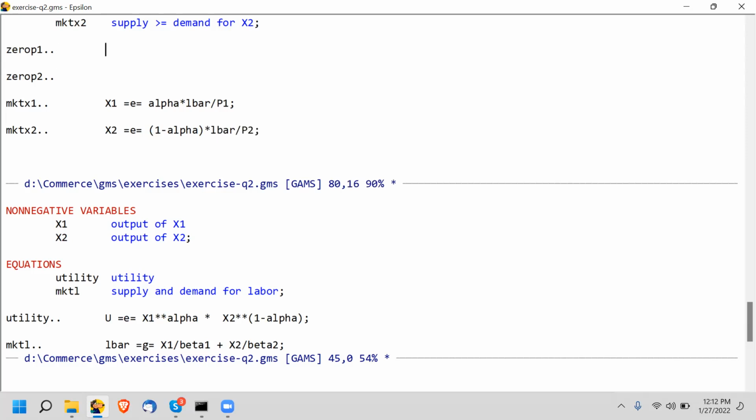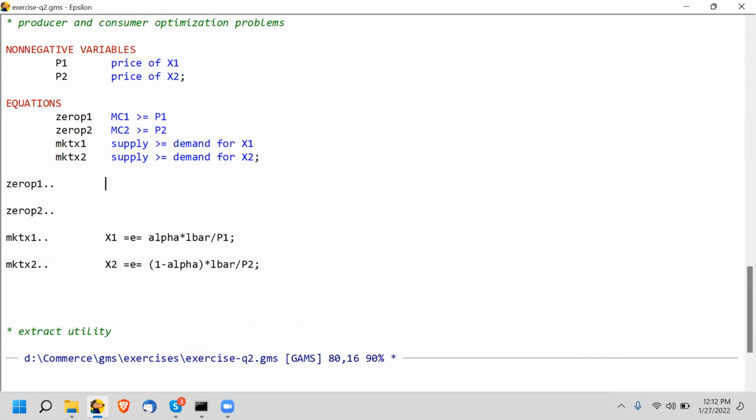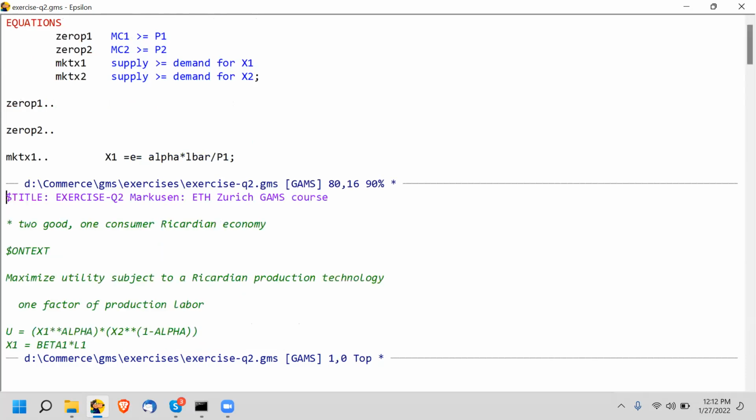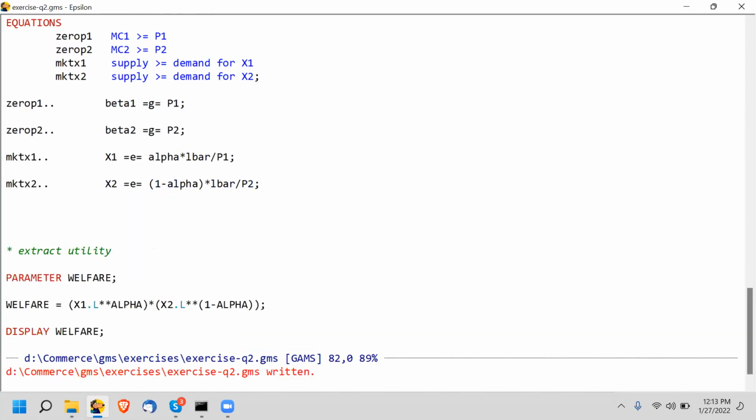Zero profit for 1. So in P2, let's see, it says that 1 times what's the input? What was beta? It's going to be beta. So beta times beta 1 has got to be greater than or equal to P1. And it says beta 2 greater than or equal to P2. Because if the wage rate is 1, beta 1 is how much labor you use per unit output of good 1.